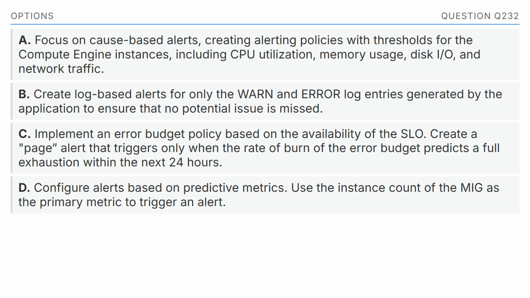Option C, implement an error budget policy based on the availability of the SLO. Create a page alert that triggers only when the rate of burn of the error budget predicts a full exhaustion within the next 24 hours. Option D, configure alerts based on predictive metrics. Use the instance count of the MIG as the primary metric to trigger an alert.